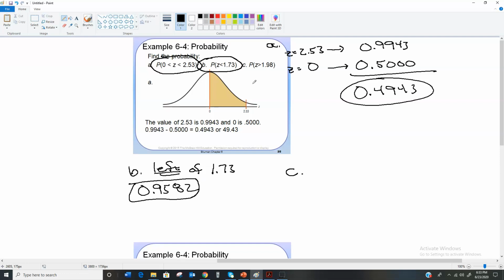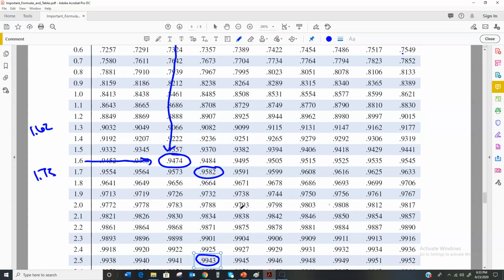Okay, so for this last one, it says what's the probability that you're to the right, that you're greater than, so that's right, of 1.98. Well, remember that if it's to the right, we have to do 1 minus what's on the chart. So I'm going to look up 1.98 on the chart.